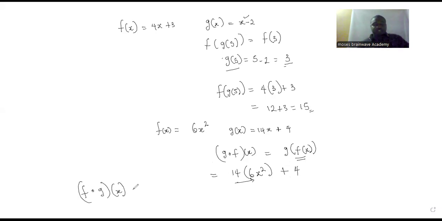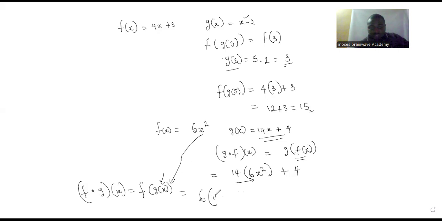Now, let's try and see if we can get f of g of x. Good. I'm going to go to f of x. Whenever I see x, I'm going to substitute the whole of g of x. Isn't that cool? Isn't that simple? So this algebra is going to be what? 6, and my x has now become g of x. What is g of x?